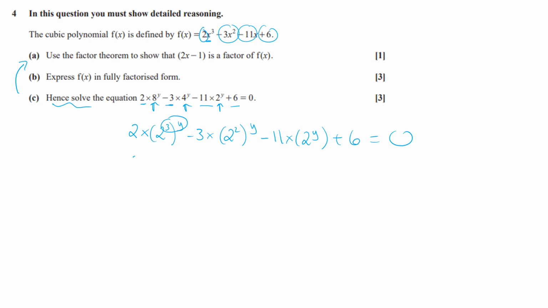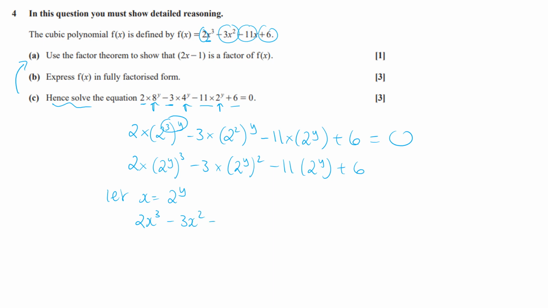Now what we can do when you're timesing, order doesn't matter. So we can write this as 2 times 2 to the y all cubed minus 3 times 2 to the y all squared minus 11, 2 to the y plus 6. And then we can let x equal 2 to the y. So then we'll have exactly what we've just had before, 2x cubed minus 3x squared minus 11x plus 6.